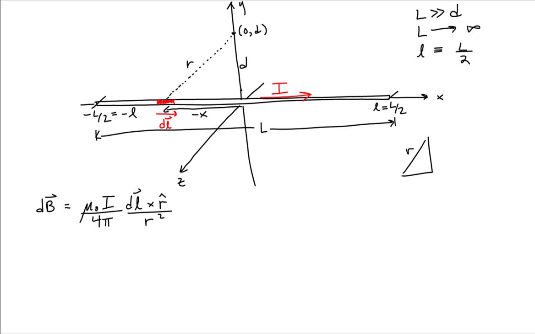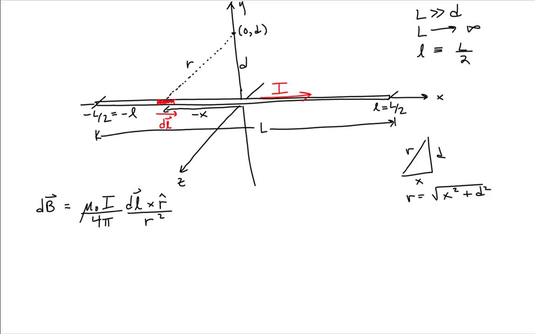This means that r can be found from Pythagorean's theorem to be equal to the square root of x squared plus d squared.